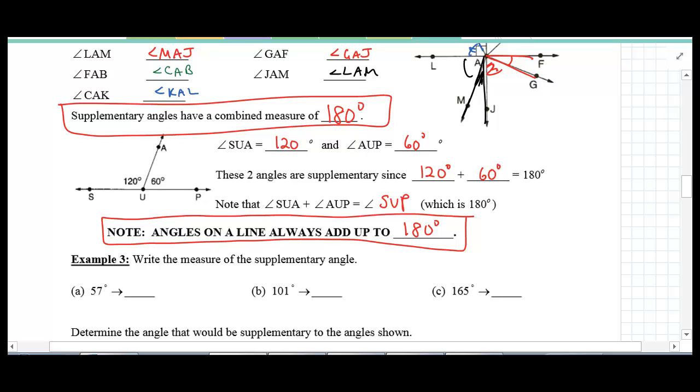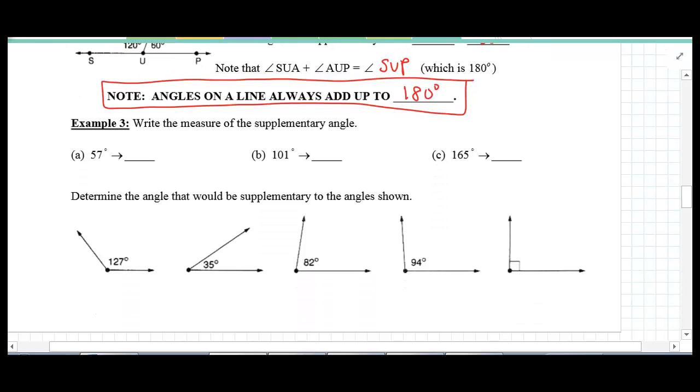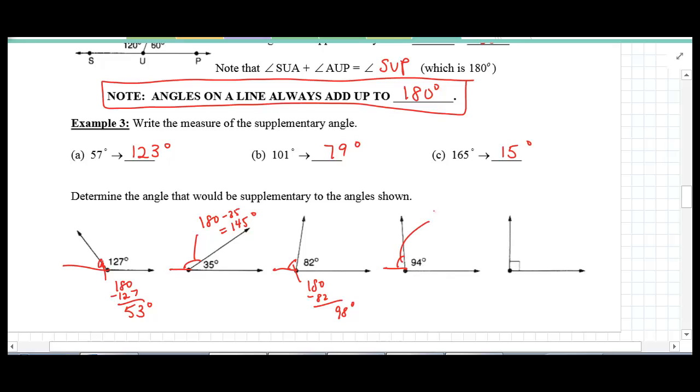Once again, you go try and find the supplementary angles. For example, number 3, I'm going to ask you to pause the video once again and then come back and double check your answers with mine.